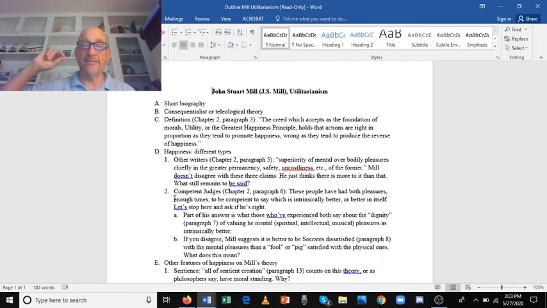And part of his answer, and this is D2 little a in your outline, is anyone who's experienced both enough, so familiar with them enough, done them enough, is going to say that, this is paragraph 7, there's a certain kind of dignity, and that's his word, that comes with experiencing and valuing the mental pleasures, spiritual, intellectual, musical, over the other kinds of pleasures, the physical ones.